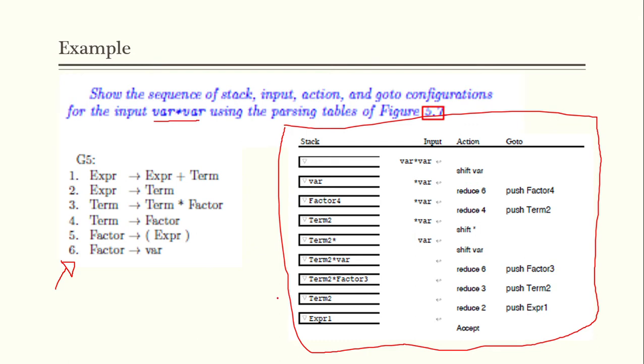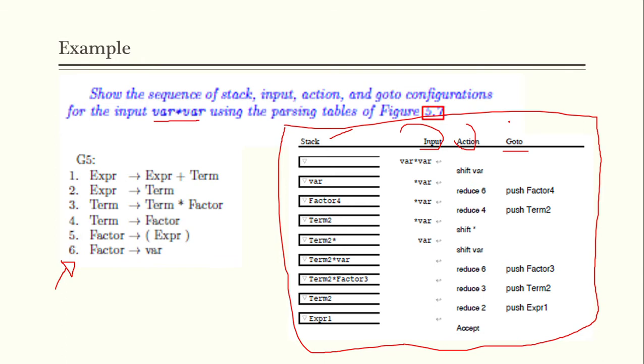When you want to do these configurations, there are 4 pieces of information needed: stack, input, action, and goto. Action is read from the action table. Goto is read from the goto table.